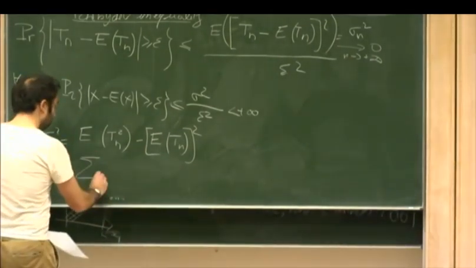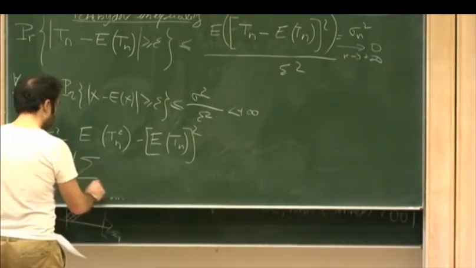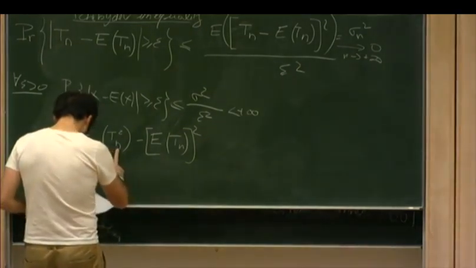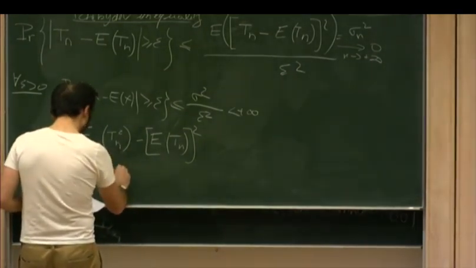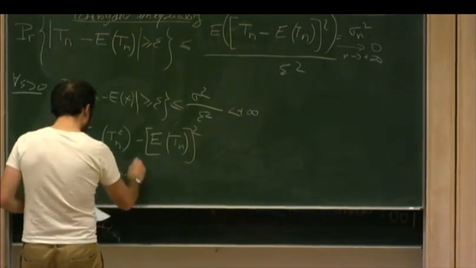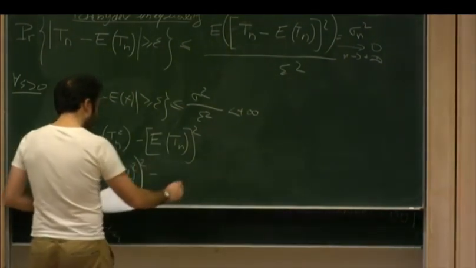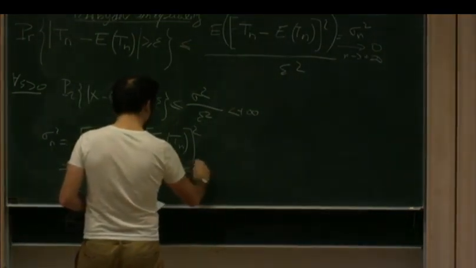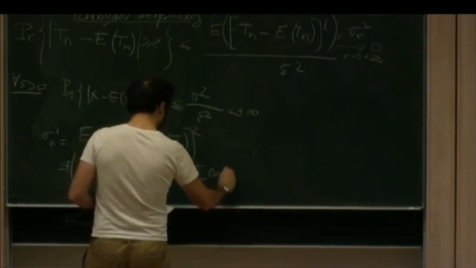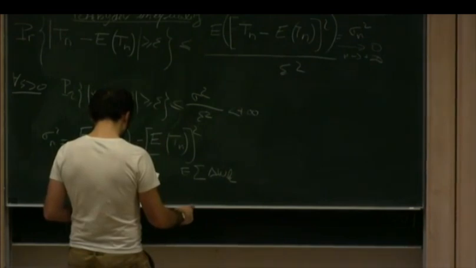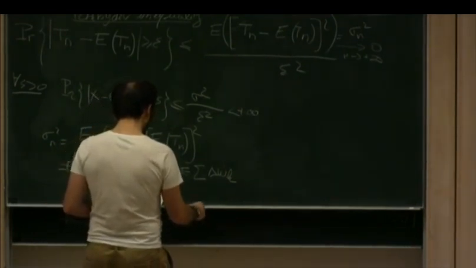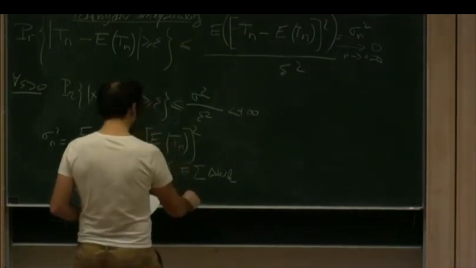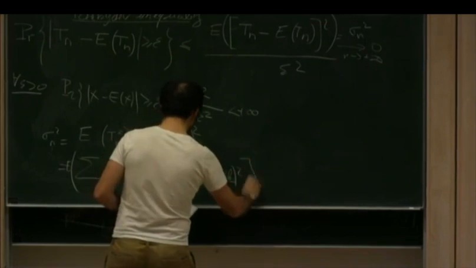You double check everything. All right, this is what we get, and now we need to do this calculation. So this is the expectation of the sum. What is this Tn squared? Yeah, this is correct. So this is the sum of d omega k, squared, minus the expectation of Tn, which is the sum of d omega k, with a squared here, everything squared.